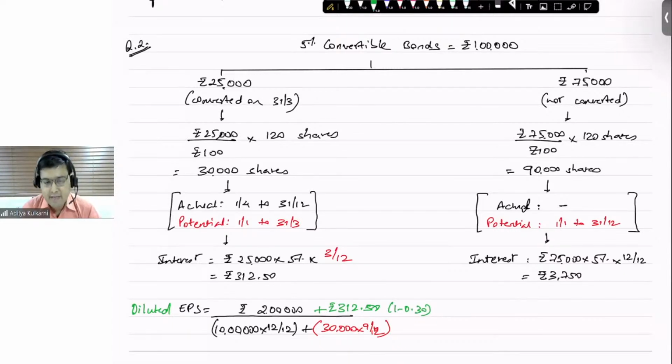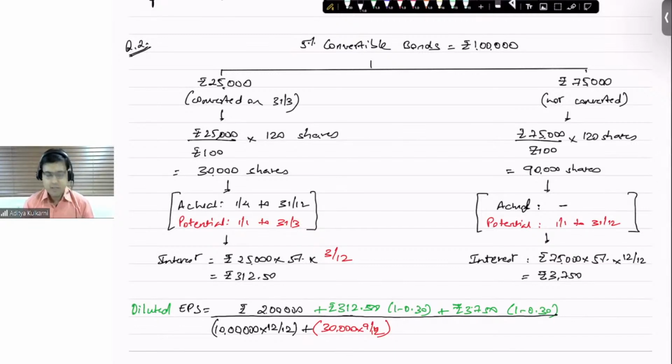This is your interest which you are going to save, for the period when they were potential equity shares. Plus, here you are going to save 3,750 into 1 minus 0.3.